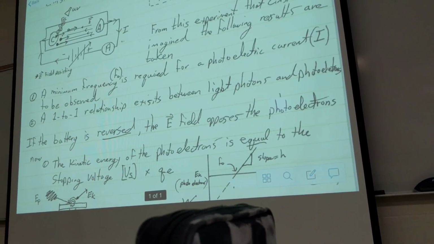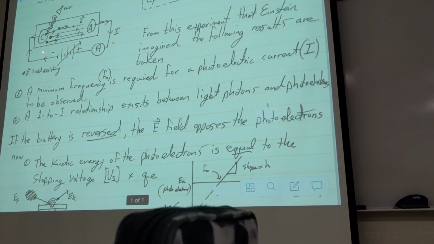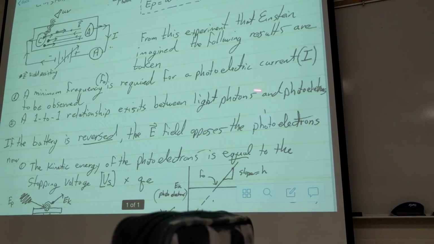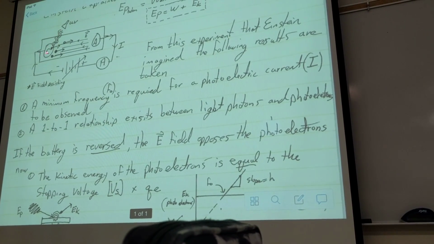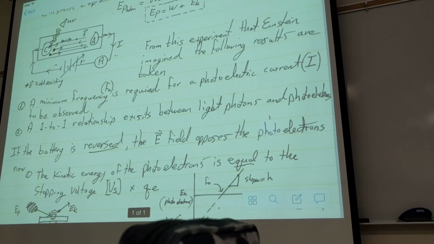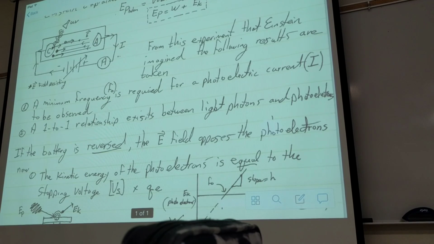That's the concept of the threshold. The current that is generated is exactly related to the intensity. It's a one-to-one relationship. More photons in, more photoelectrons out. You do not change the energy of them, though, by making the light brighter. You only change the number.